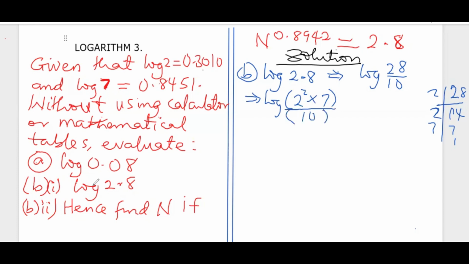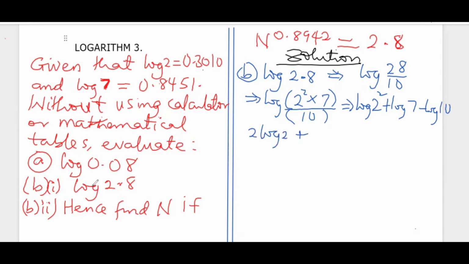So base 10. For this one, we can easily write it as log of 2 squared plus log of 7 minus log of 10.